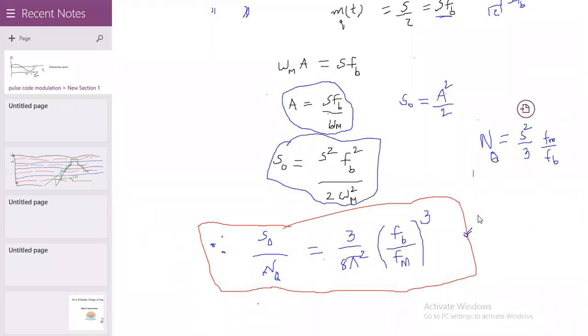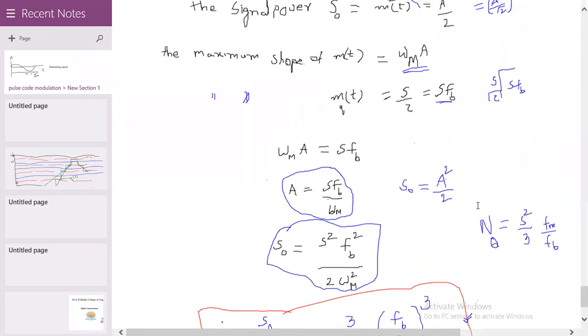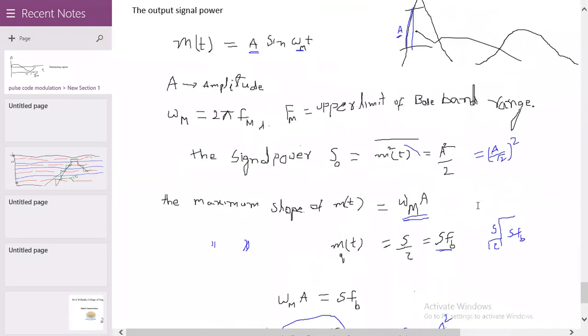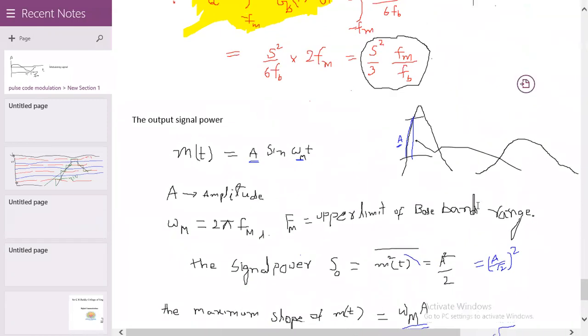So these are very important derivations in delta modulation to calculate S0 by NQ, the signal power and quantization noise power.